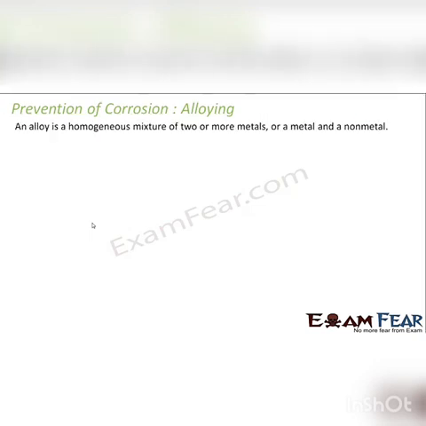Now let's see the third process called alloying. Alloy is a homogeneous mixture of two or more metals, or a metal and a non-metal.